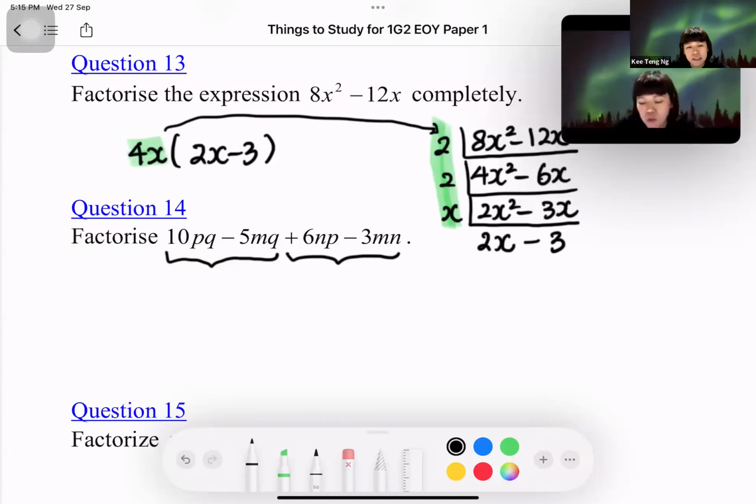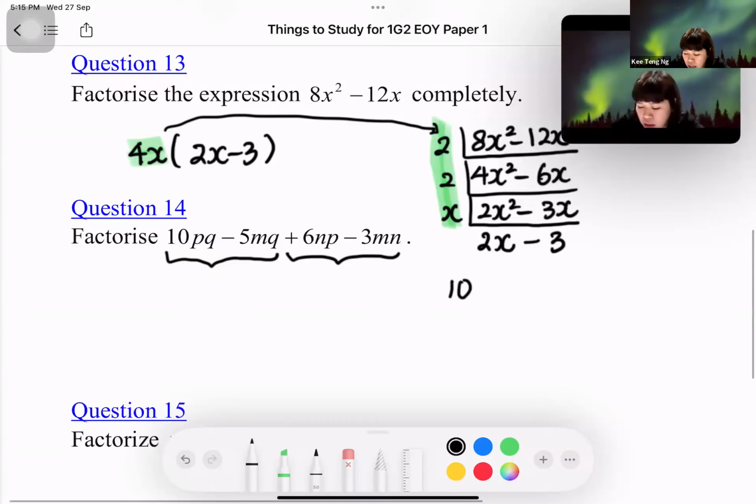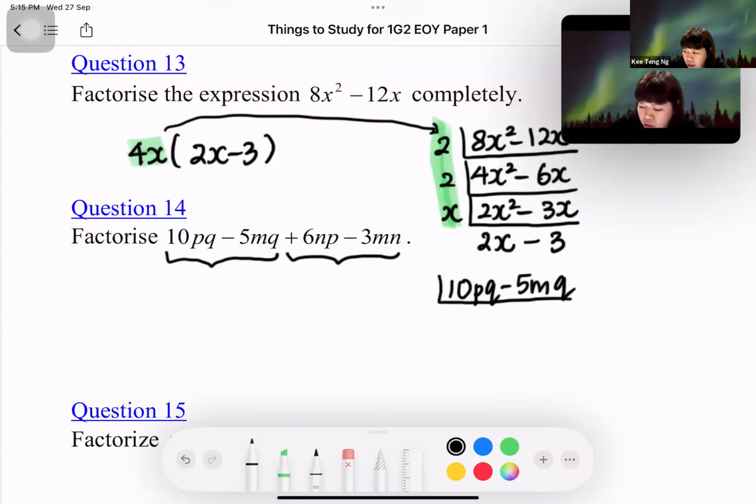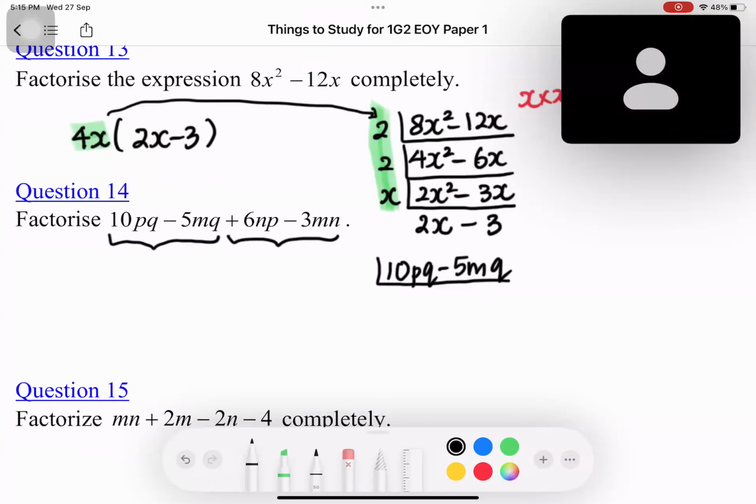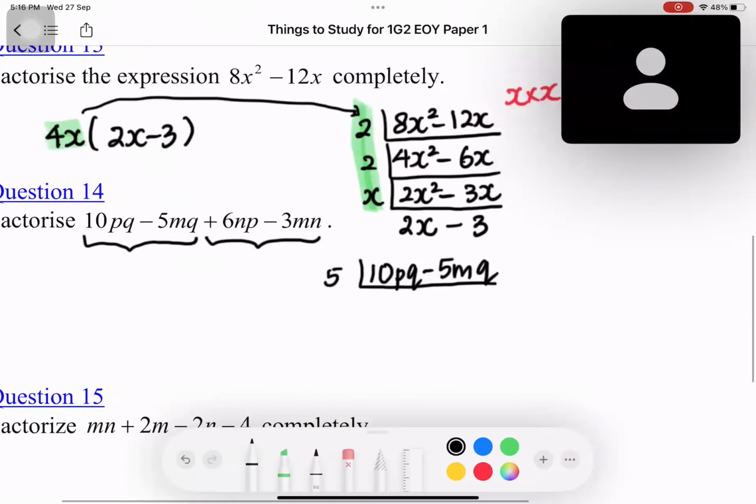Now let's do the second part, factorization by grouping. Let's see first, 10pq and 5nq. What is our common factor? 5. Only 5? Is there any other letter?